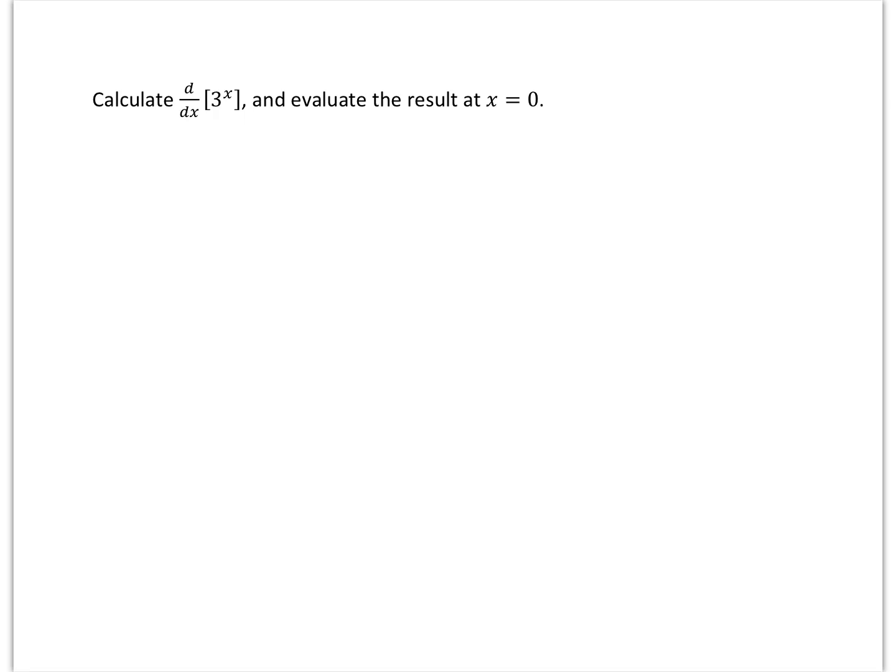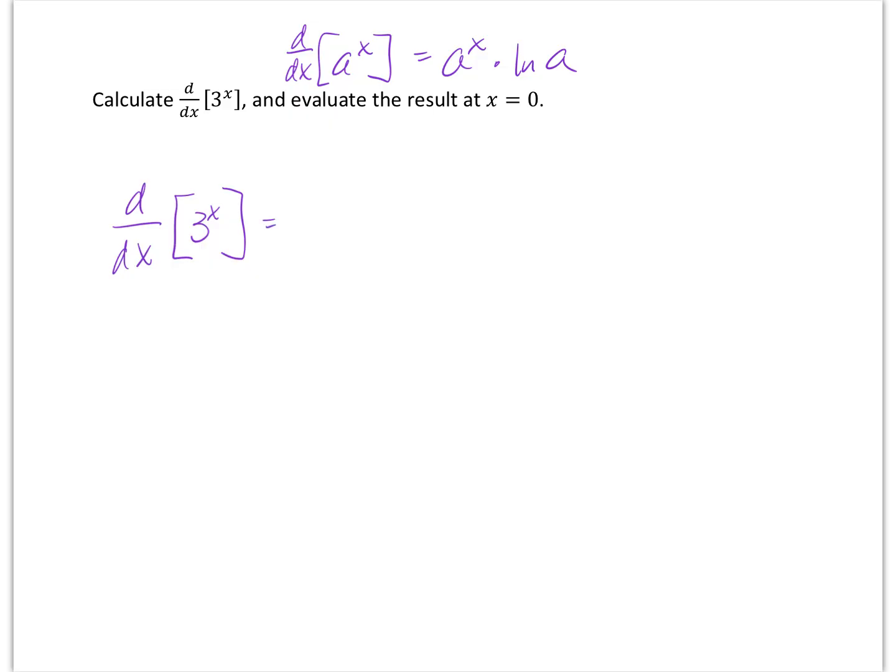So let's do an example. I want to calculate d dx of 3 to the x, and evaluate the result at x equals 0. I'm just going to apply the rule I just learned, that d dx of a to the x is a to the x times the ln of a, in the case where a is 3. So this is 3 to the x times the ln of 3.